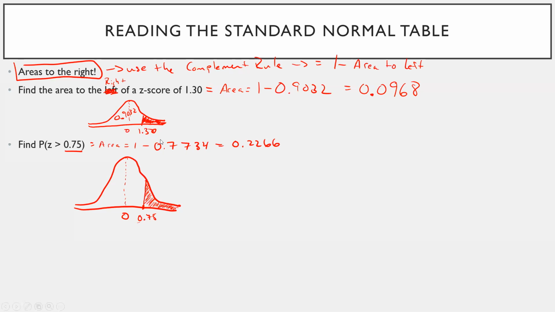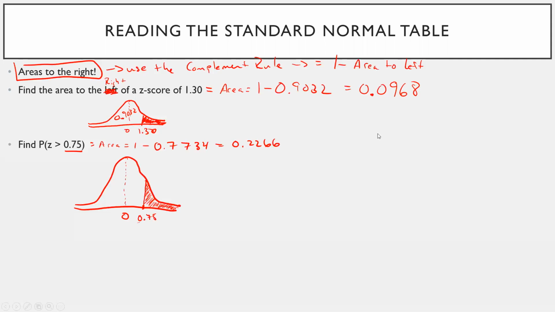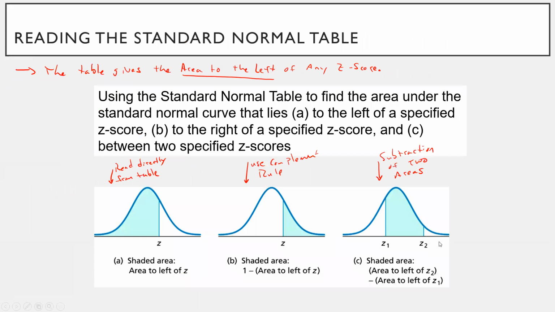So now what I want to show you is how you find the area between, I'm sorry, is everybody okay if I move on? So what I want to show you now is how to find area between two z-scores. Okay, now let me go back just a second.